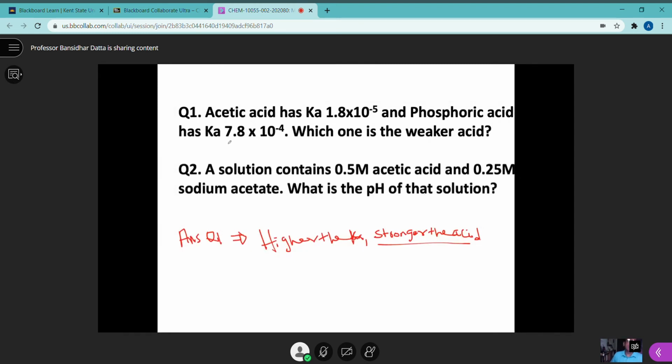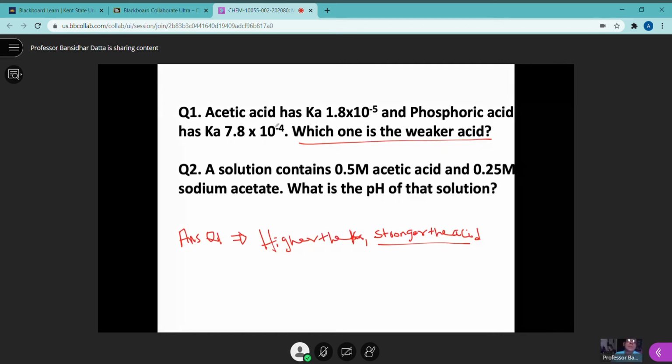So wait a minute. The question is, which one is the weaker acid? Higher the Ka, stronger the acid.